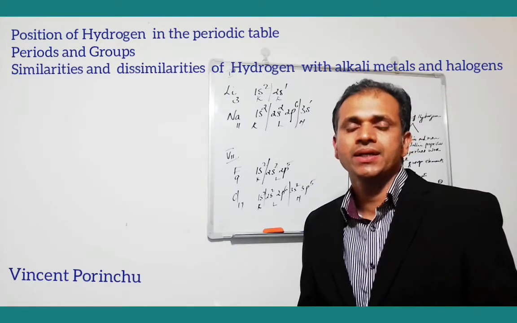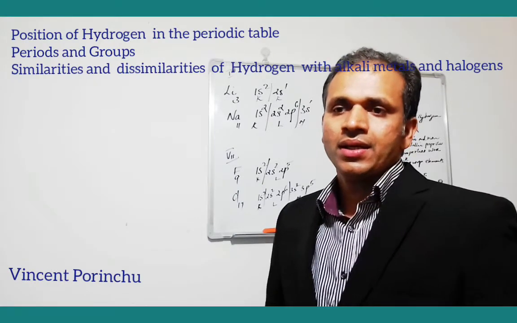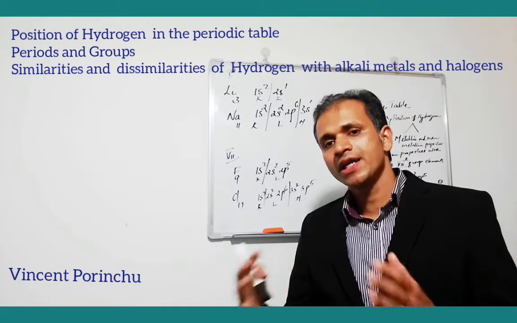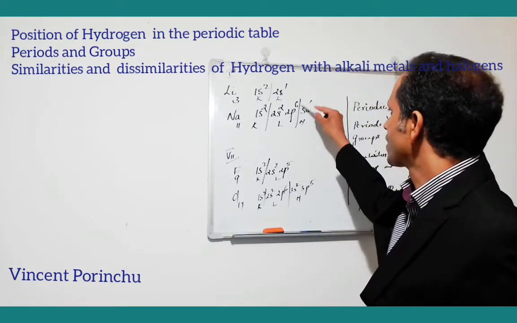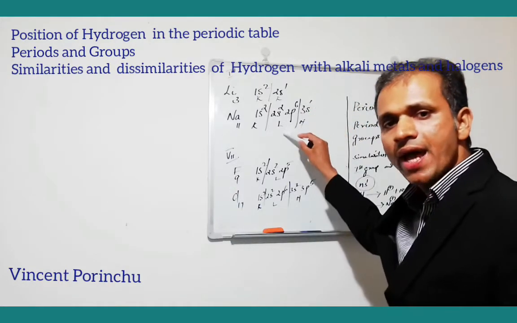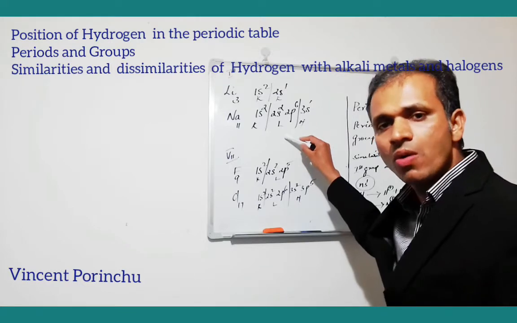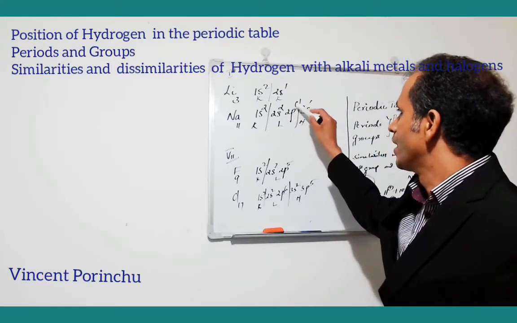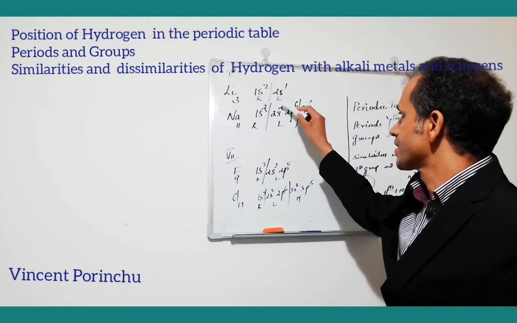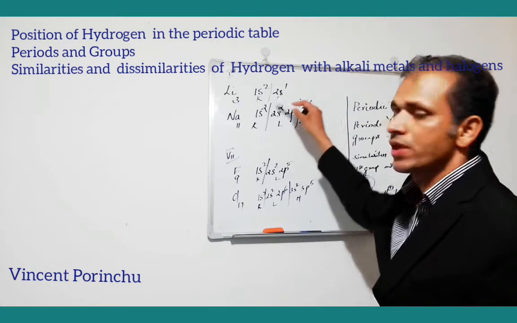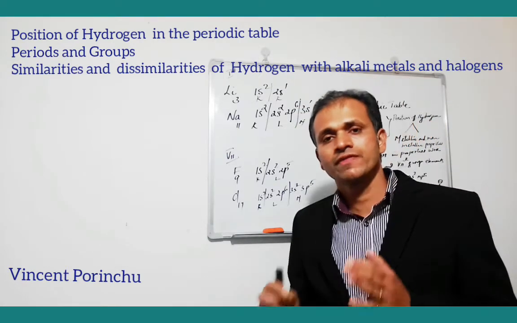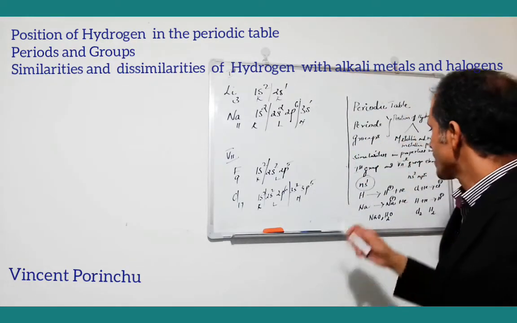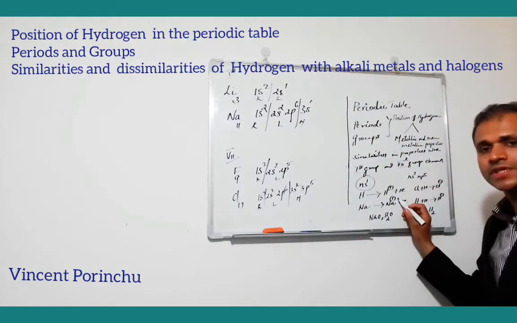If alkali metals lose their outermost electron, they can attain the octet stability of the noble gas electronic configuration, that means 2s2 2p6, 8 electrons in their outermost orbital. So if a sodium atom loses 1 electron, it forms Na+.